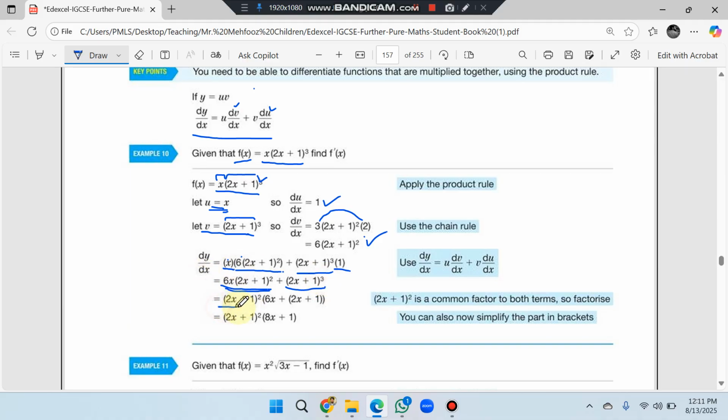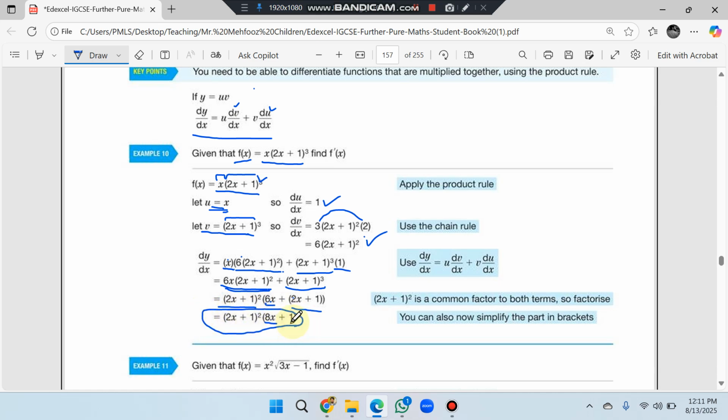So if (2x plus 1) square can be taken as common, the left term on the first will be 6x, and in the right it will be (2x plus 1), simple, power raised to the power 1. Okay, so 1 cannot be written, so this is your simplified form. Again, this 6x plus 2x will become 8x, and 1 is as it is. So this is your solution of the derivative.